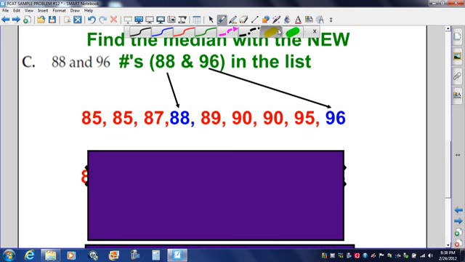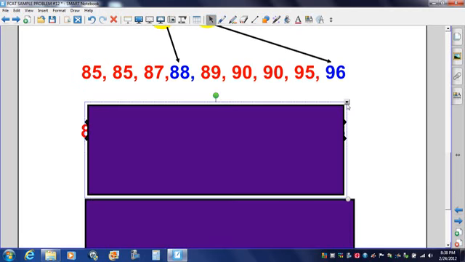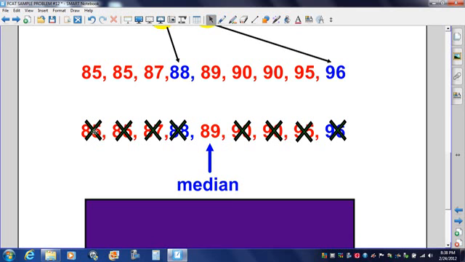Remember, I got 88 and 96 from choice C. On your paper, please rewrite the list with 88 and 96. Now, we'll play ping pong. On your paper, play ping pong.